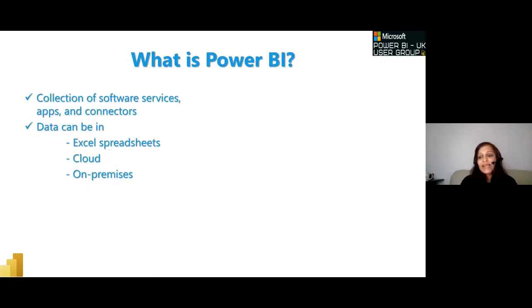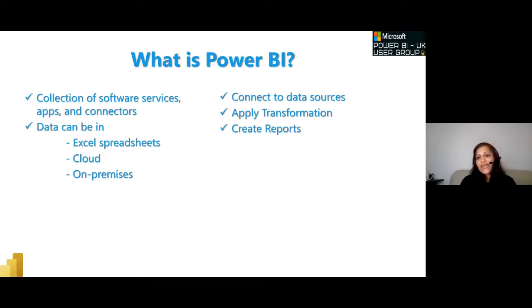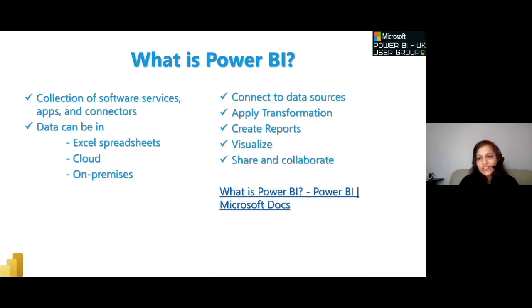Power BI helps you to connect your data sources, apply some transformation, create reports, and visualize and share them with anyone you like. So this is Power BI in short. If you need more information, this is the link which helps you learn more.